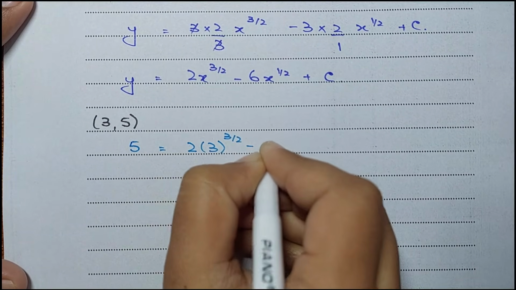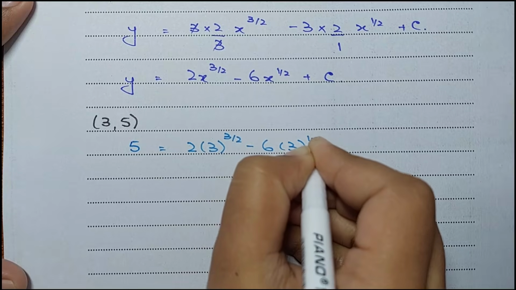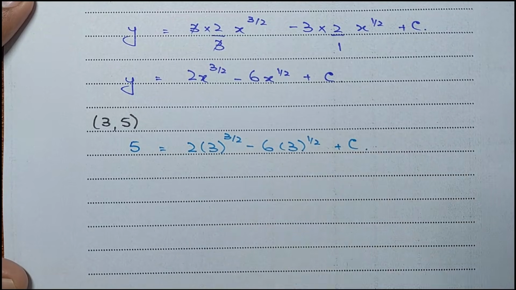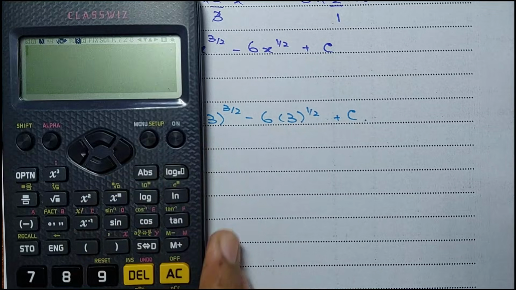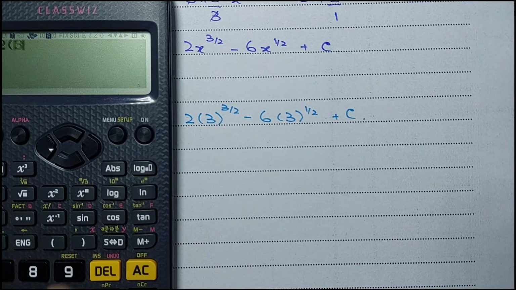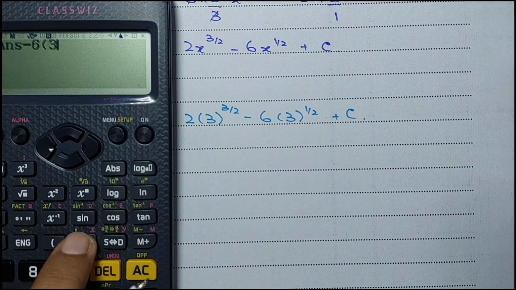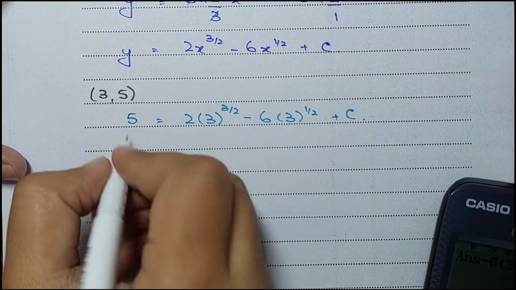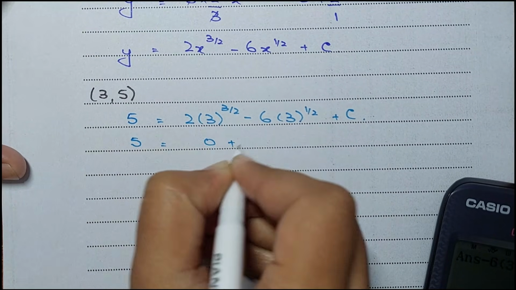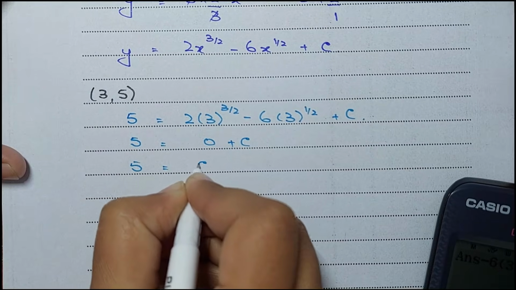So 5 equals 2 into 3 to the power 3 by 2 minus 6 into 3 to the power 1 by 2 plus c. Both of these terms cancel to 0. So 5 equals 0 plus c, and 5 is the value of c.